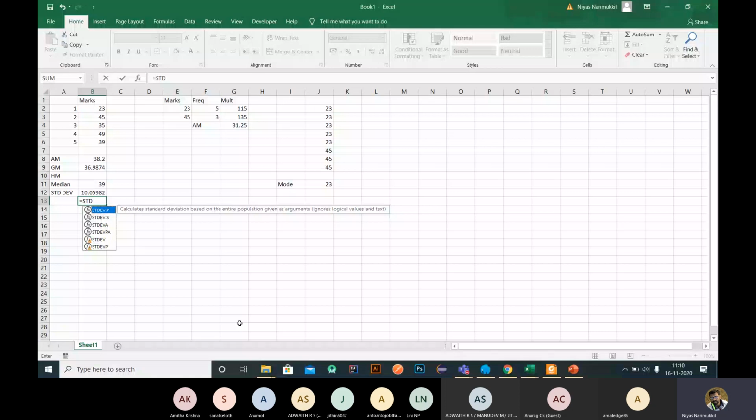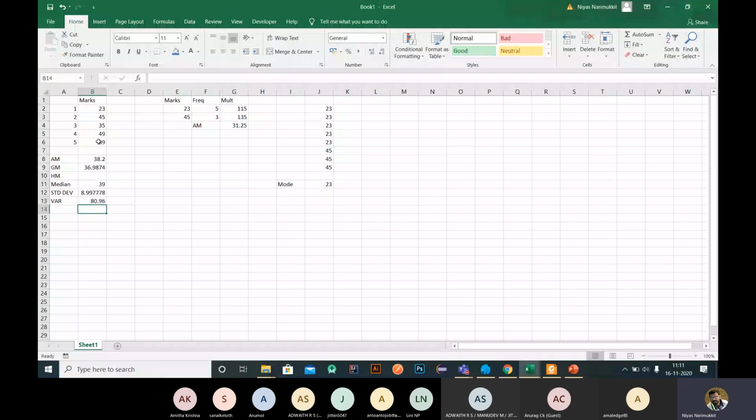Okay, just show standard deviation P over all these numbers, and the variance also, variance of all these numbers.